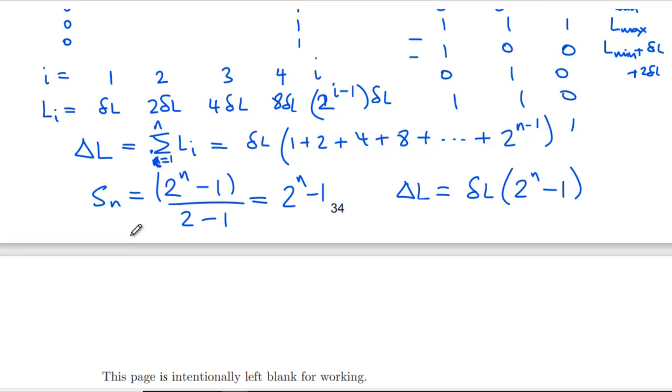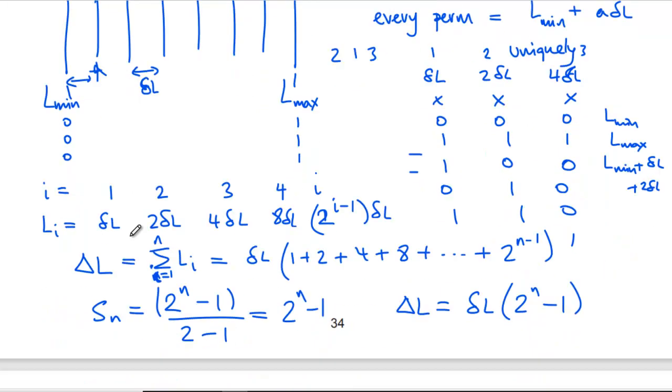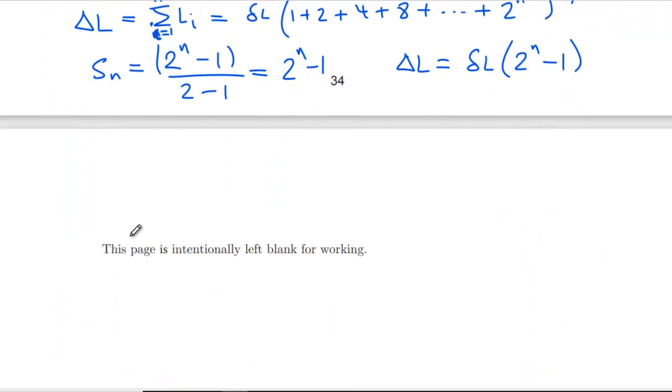What do we want to do on this? Oh, we want to solve for N. Yeah, we need to solve for N. So we've got that 2 to the N is equal to big delta L over little delta L plus 1. So we just need to take log on both sides.